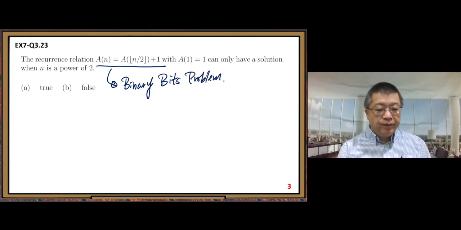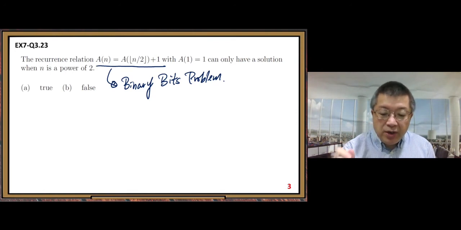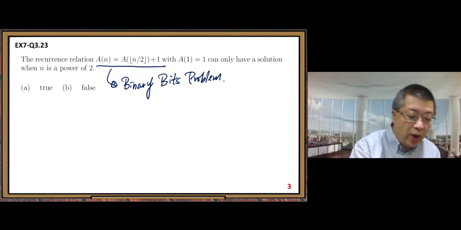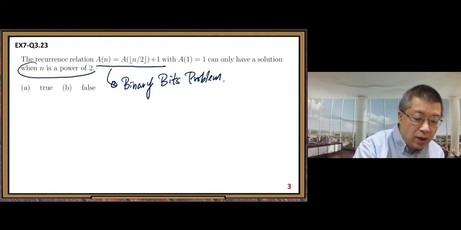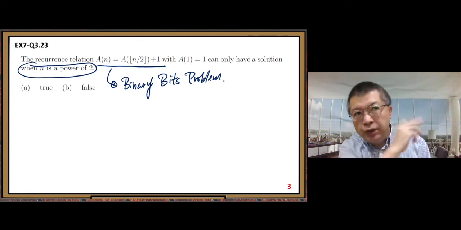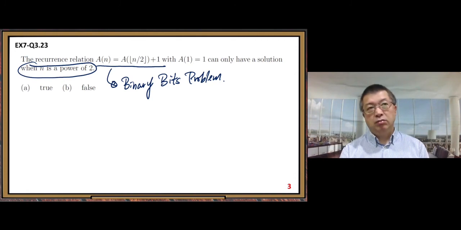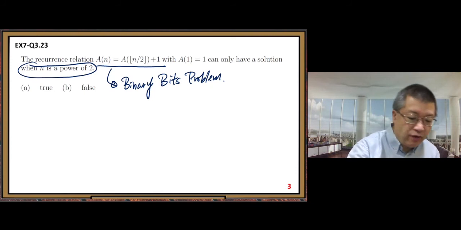So here, the question is, this recurrence relation can only have a solution when n is power of 2. In other words, if n is not power of 2, then it cannot have a solution, right? That's the statement of this question. So the answer is false.